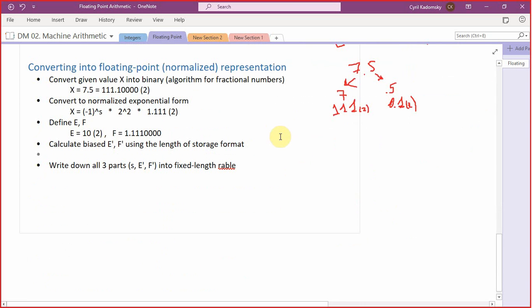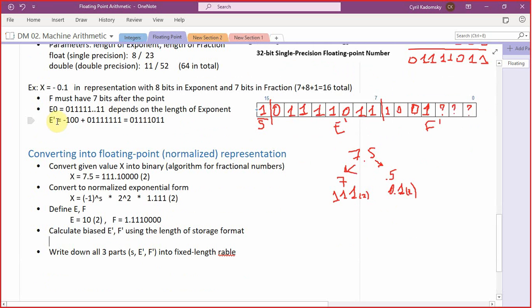We return to our formula. The biased exponent is the exponent that we had plus the bias, which is 0 and all ones. So here we will have the biased exponent equal to 10 plus 0 and 7 ones. Why 7 ones? Because the exponent has 8 bits in total.